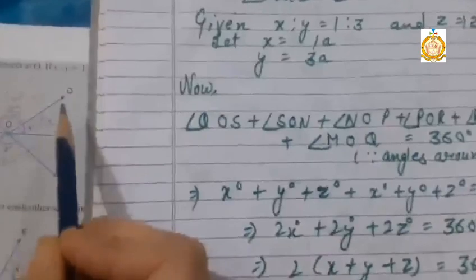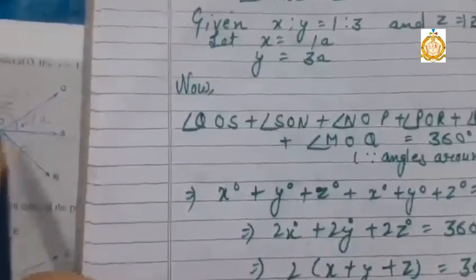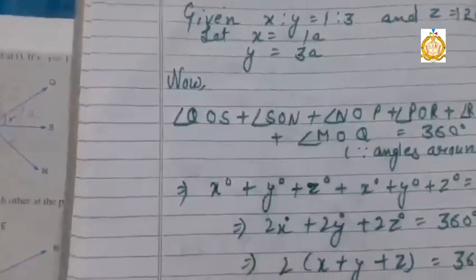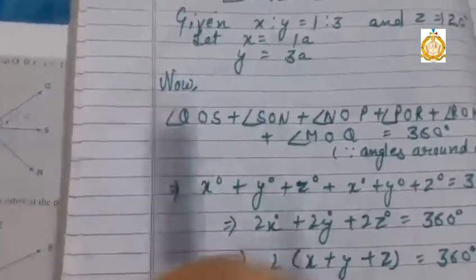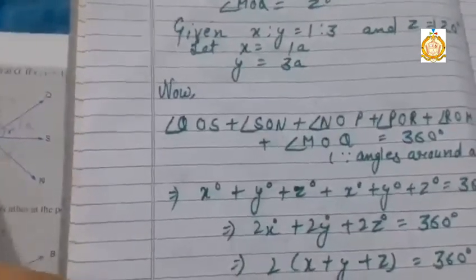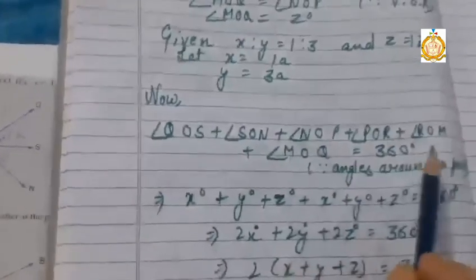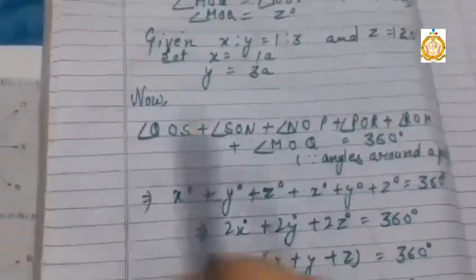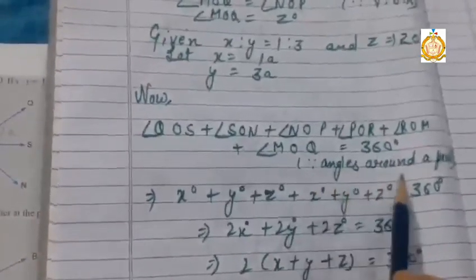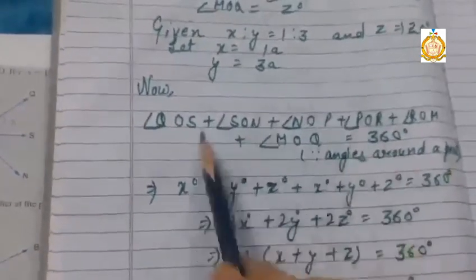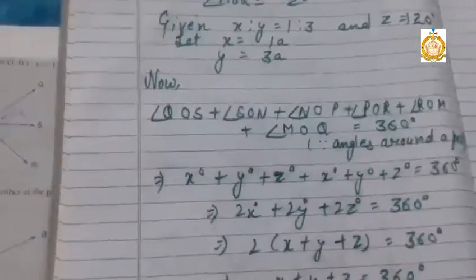You can write angle QOS plus angle SON plus angle NOP plus angle POR plus angle ROM plus angle MOQ equals 360 degree, because these angles are around a point, so they would sum up to give 360 degree.